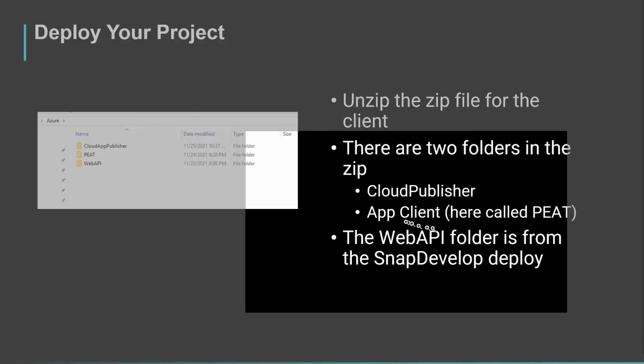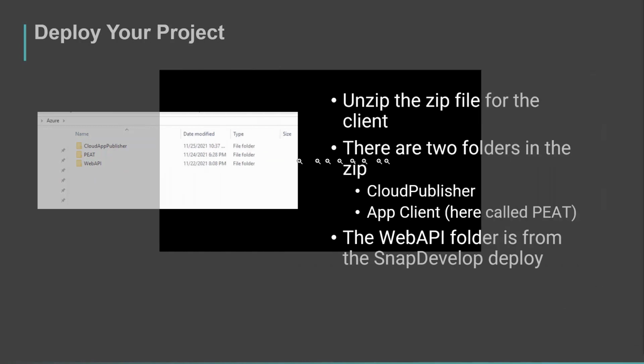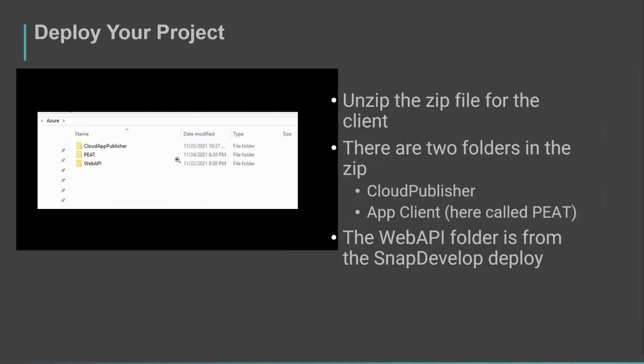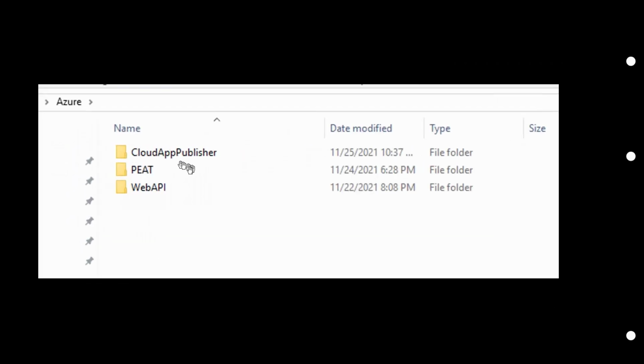Now what I want to do is unzip the client deployment. It created a single zip file with the name application name_installer, at least that's the way I did it.